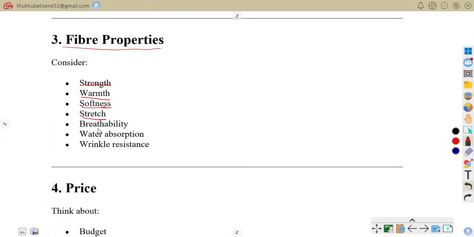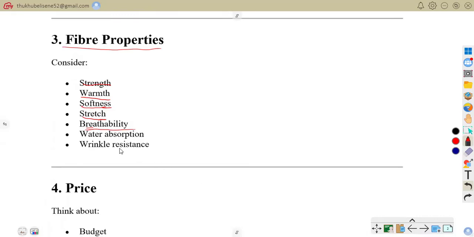For example, sports leggings stretch during exercises, allowing that movement. Then we have breathability. Breathable fabrics allow air to circulate, and this keeps the body cool.